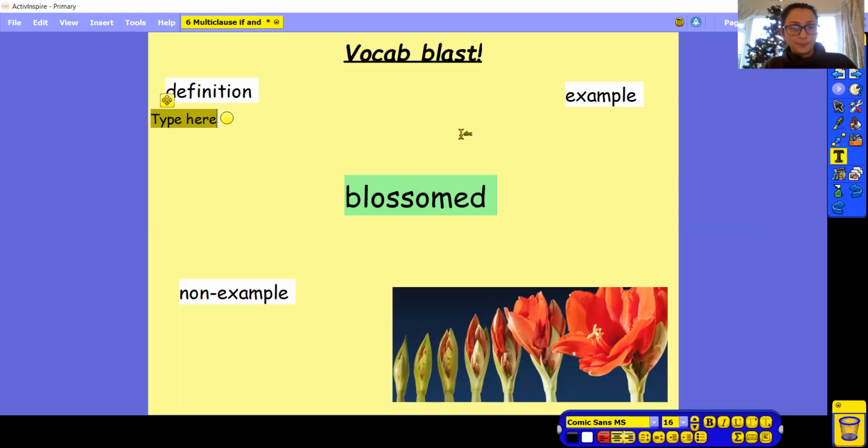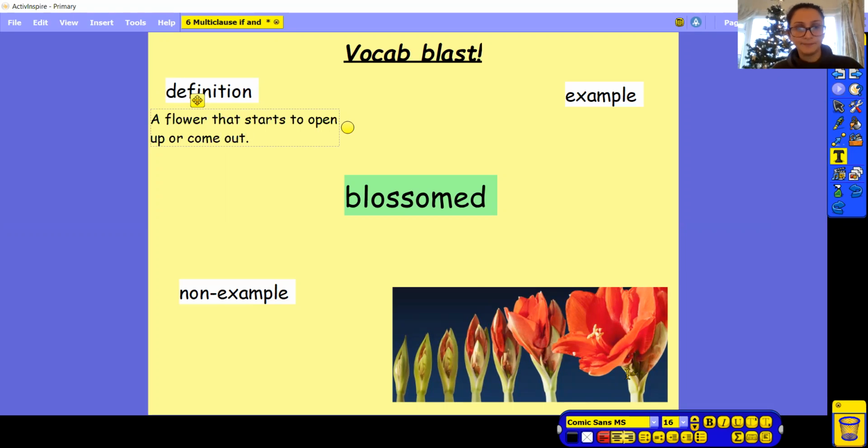Okay, so well done. The word blossom means that a flower starts to open up or come out.